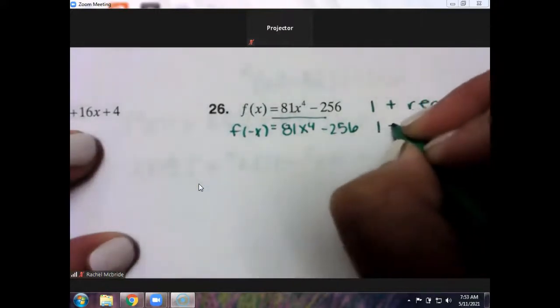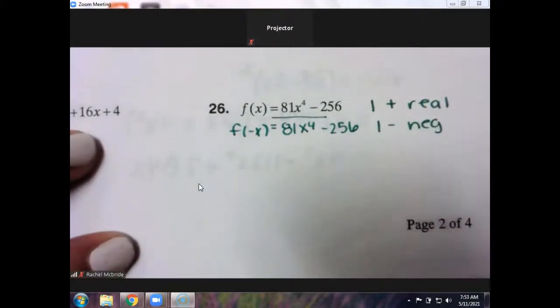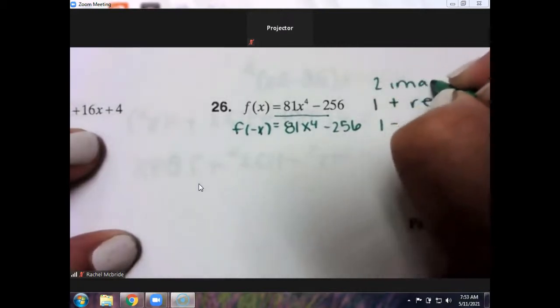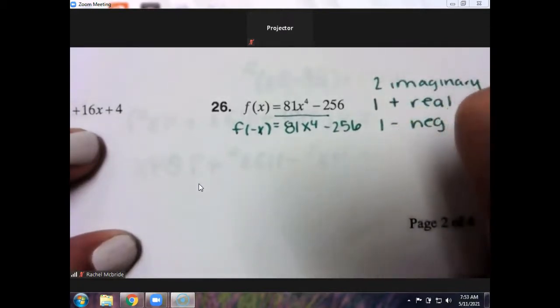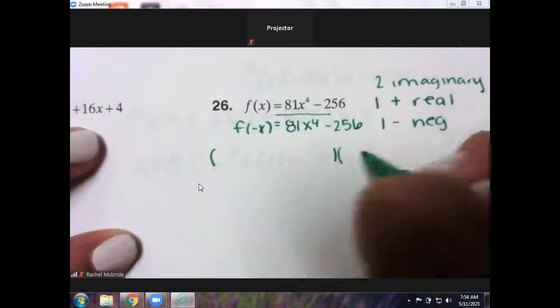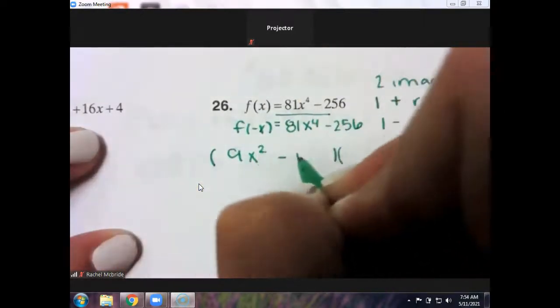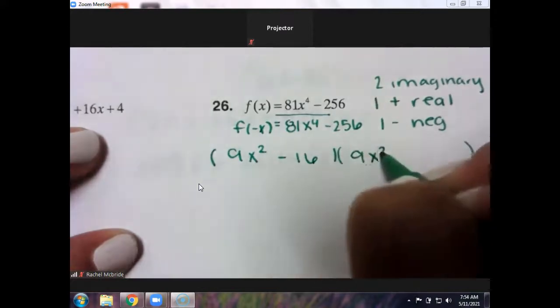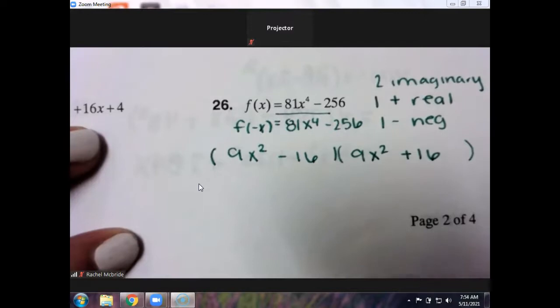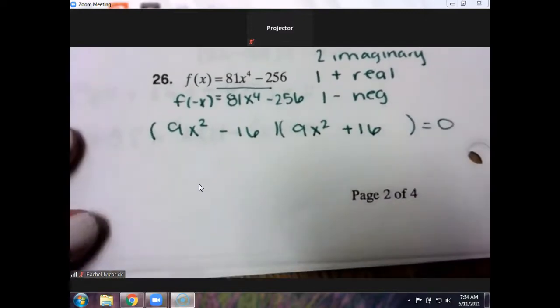So that tells me I have one negative real, which tells me that I have 2 imaginary, to give me my grand total of 4. It's going to factor like a difference of squares. And then we can set each one equal to 0 and find our roots.